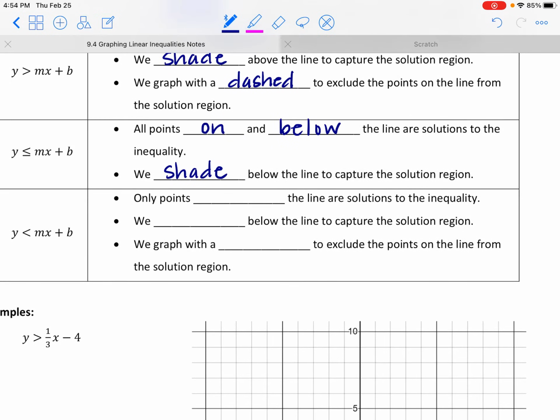Now, if it's less than without the equal to, then only the points below the line are solutions. And so we will still shade below the line, but when we graph the line, we're going to use a dashed or dotted line to exclude the points on the line from the solution region. Because we don't want to be equal, we just want to be less.